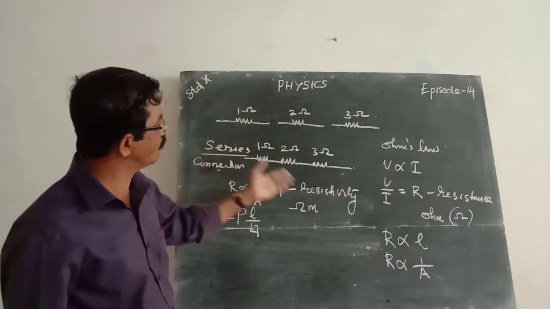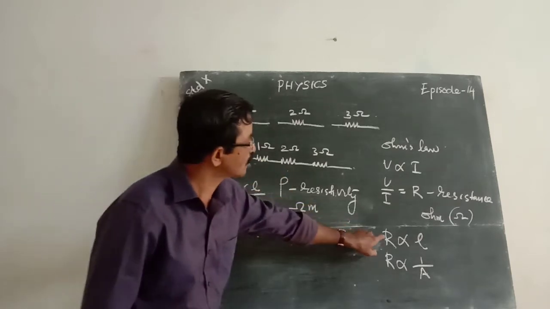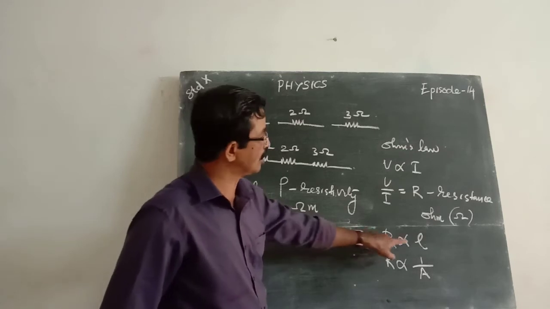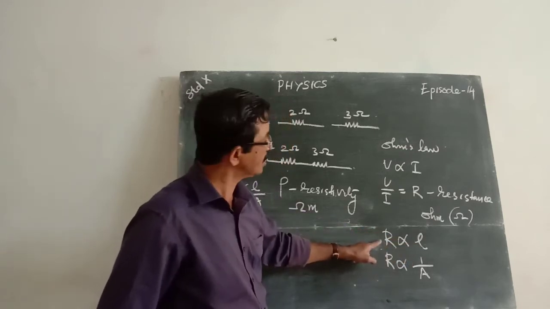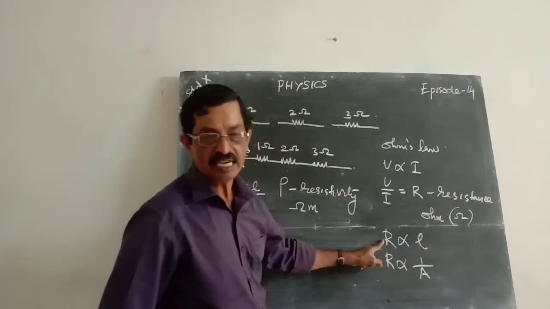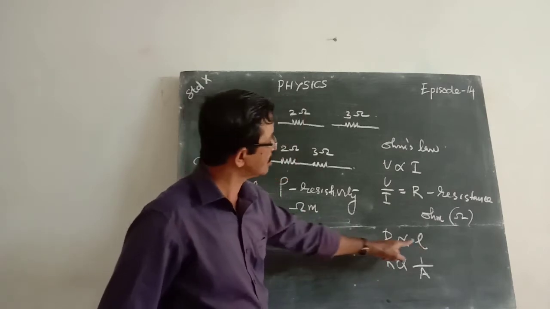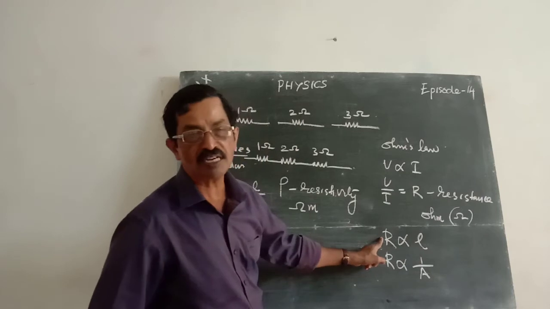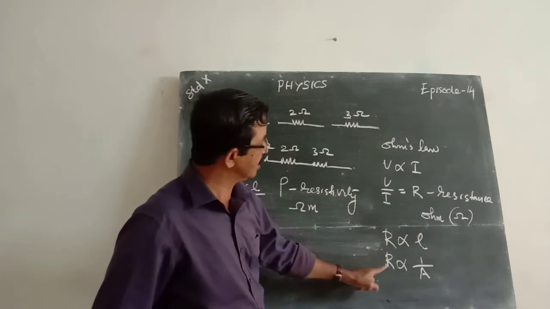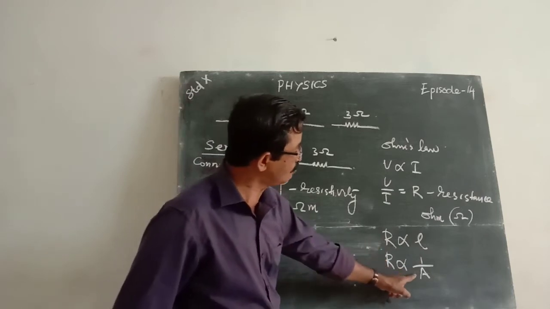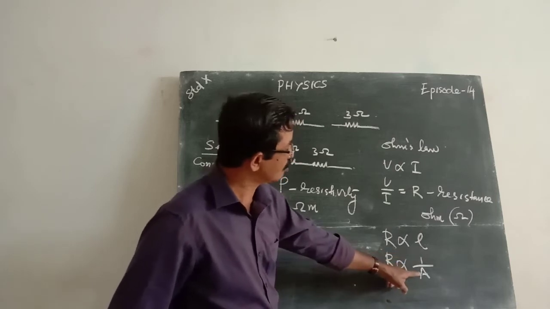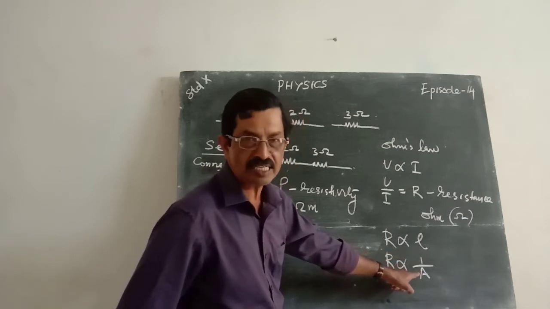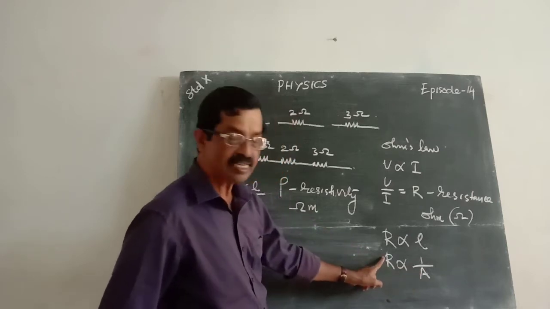R is proportional to L, which means if length increases, resistance increases. If length decreases, resistance decreases. If the length becomes double, resistance also becomes double. And R is inversely proportional to cross-sectional area, which means if the cross-sectional area or thickness increases, resistance decreases.